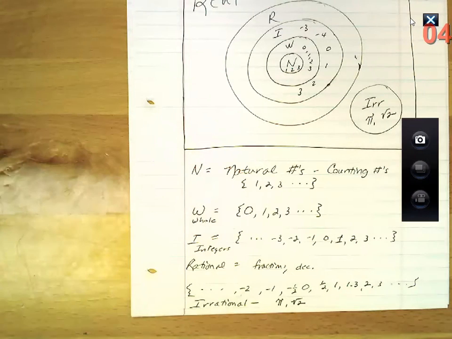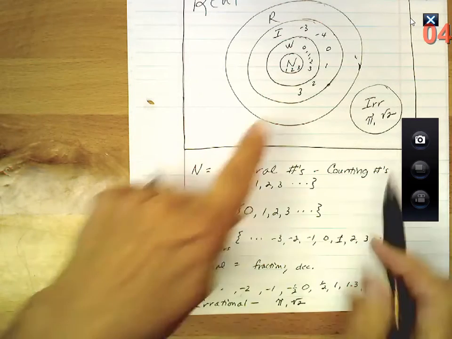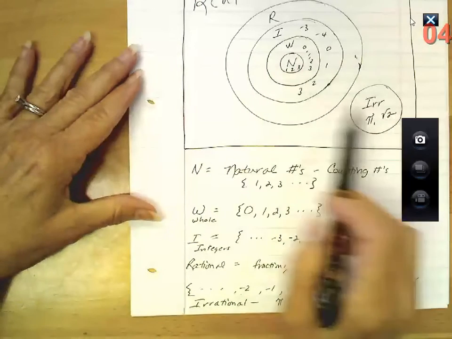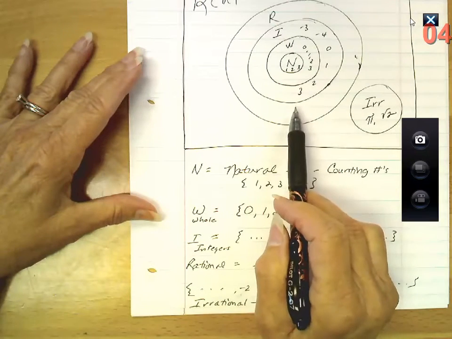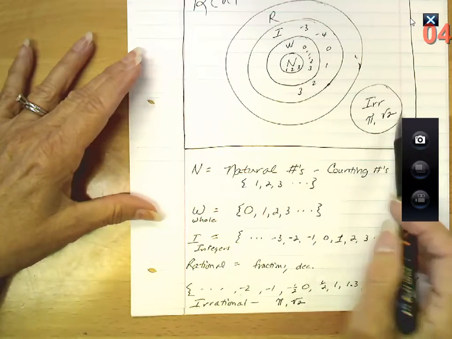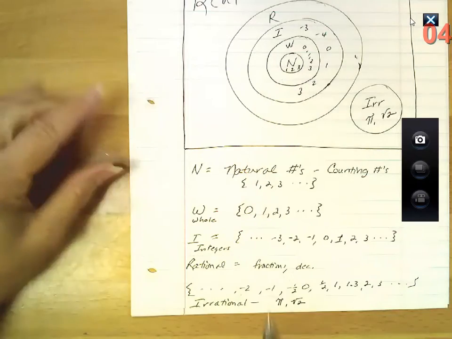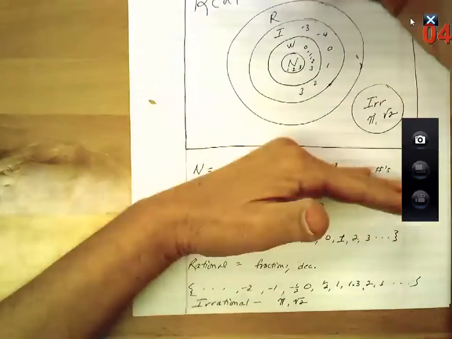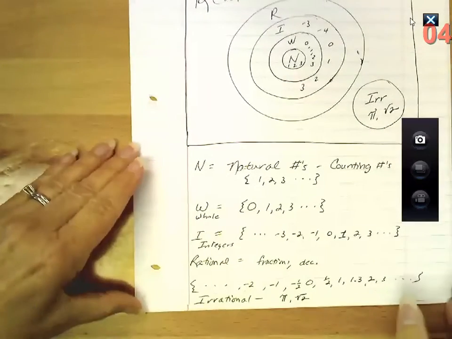Now, from what you know about Venn diagrams, these things do not intersect, do they? It can't be irrational and rational. It can't be irrational and a natural number. But all of them are real because they're all inside this big universe box here, right?